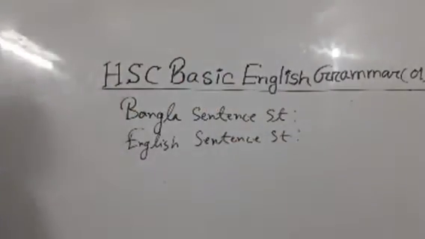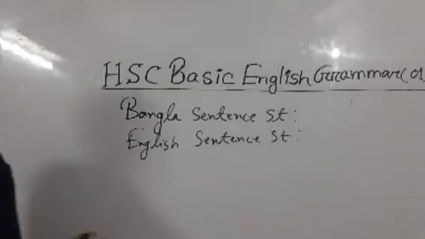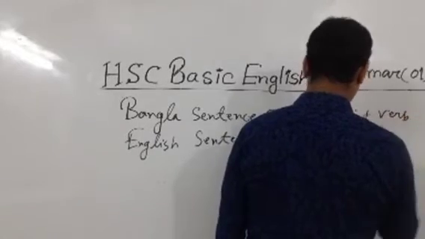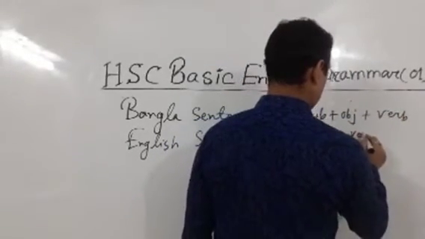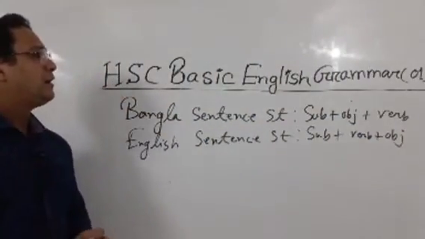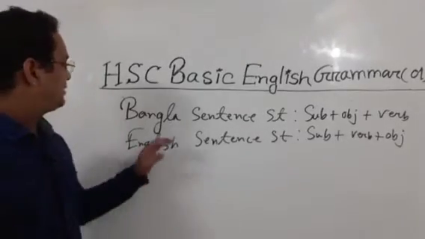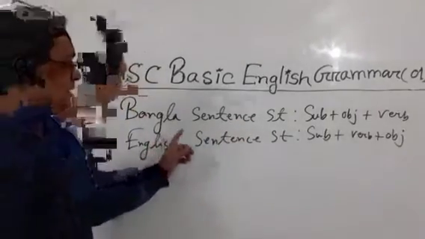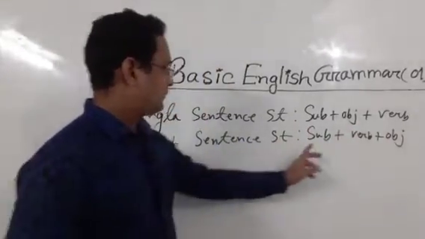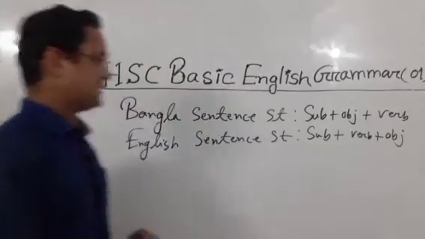In Bangla sentence, we find subject, object and verb. But in English sentence, subject, verb and object. You can compare that in a Bangla sentence we have to write first subject, then object, then verb. But in English sentence, first subject, then verb, then object.